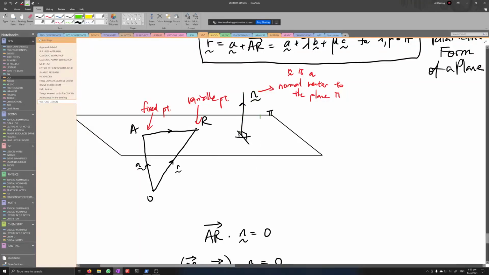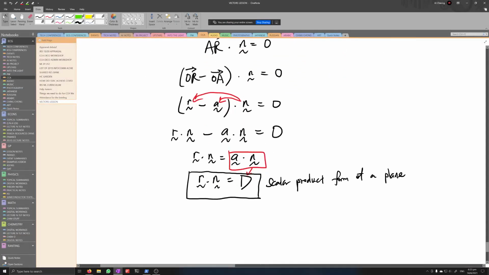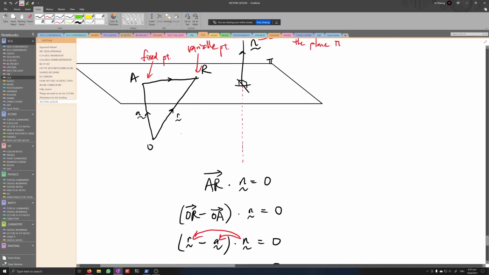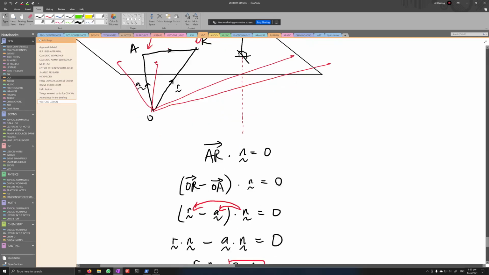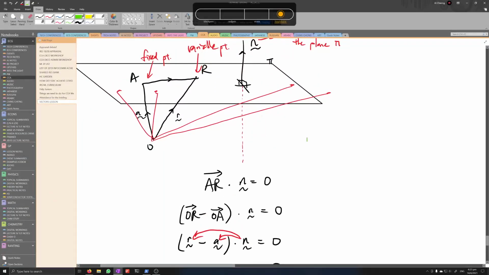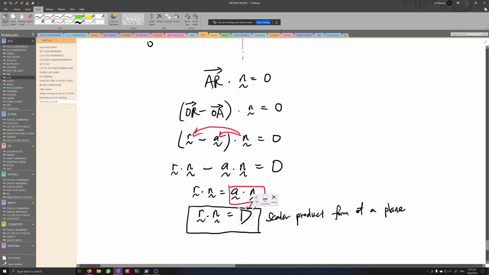Alternatively, I could extend the normal infinitely, and essentially what this equation r dot n equals d is saying is that if we take any vector, as long as it lies on this plane, and I dot it with the normal, I will drop a right angle triangle and align it with the axis of the normal vector. The result will always give me a constant.